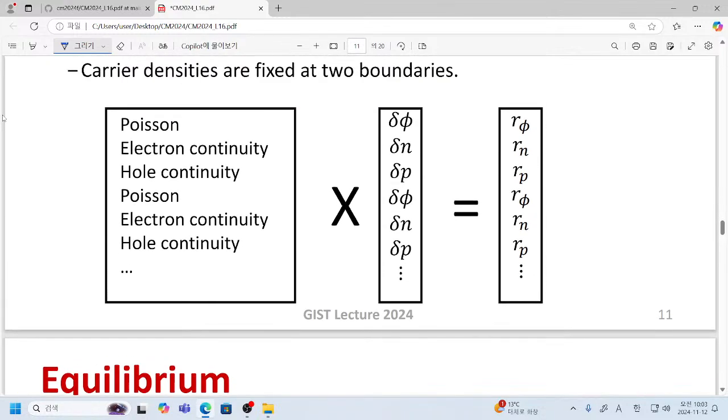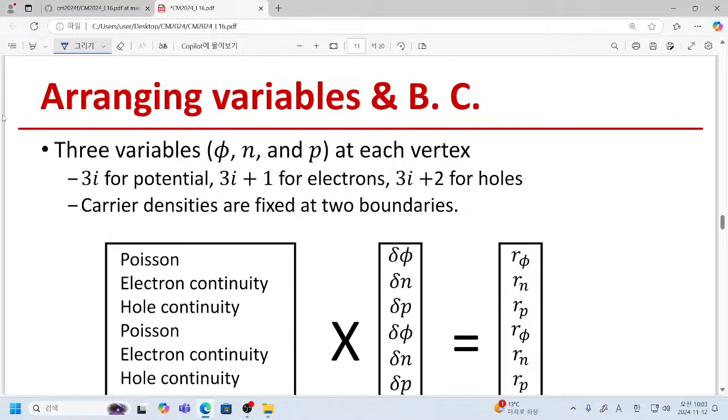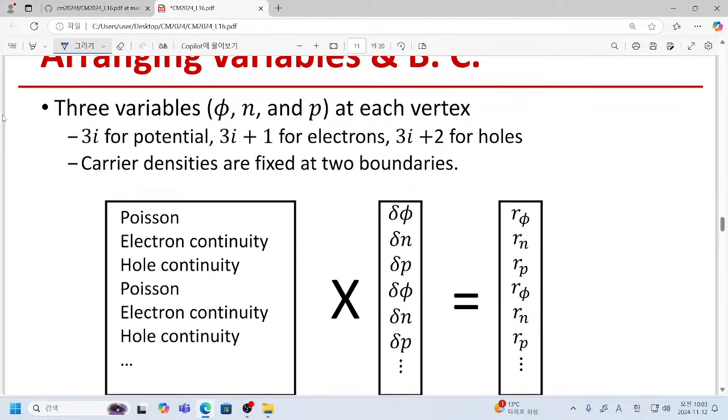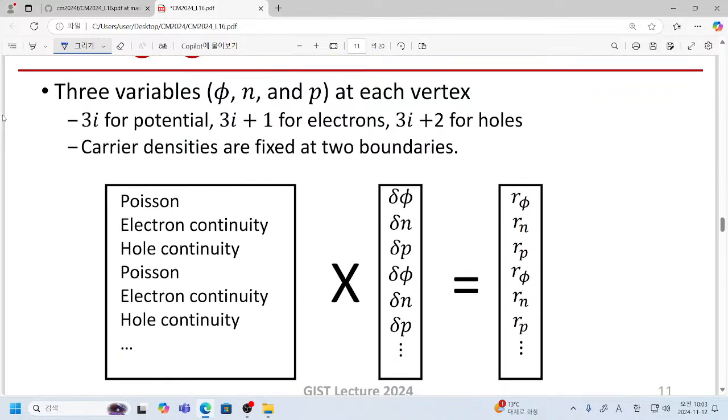Okay. The reason why I'm skipping is you have already done several experiences on similar problems in the diffusion simulation. So for example, even when we consider this system, we can consider electron continuity and hole continuity separately.